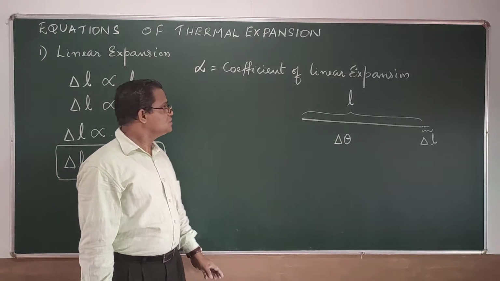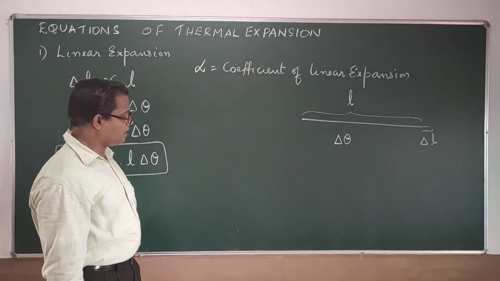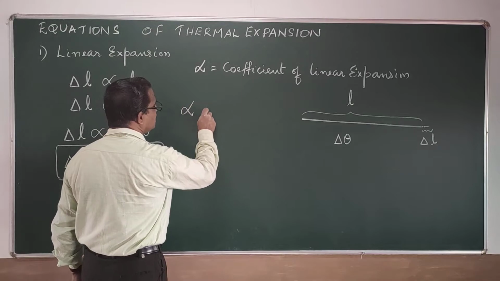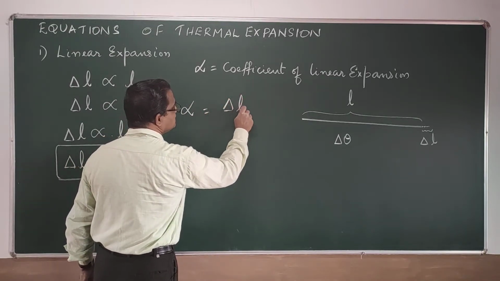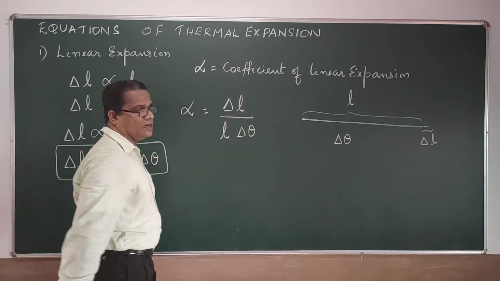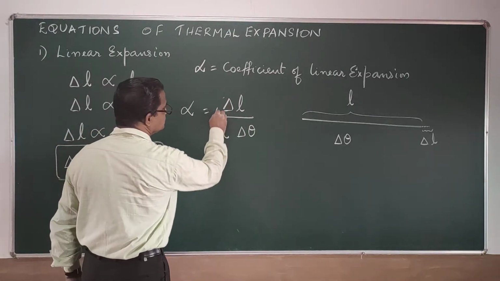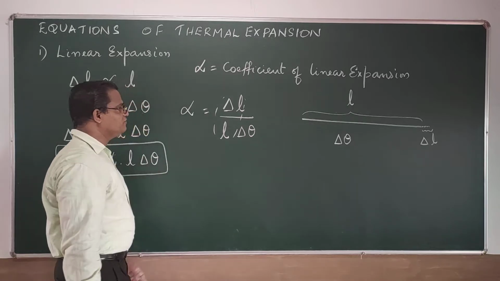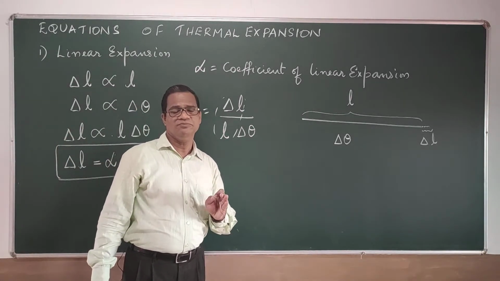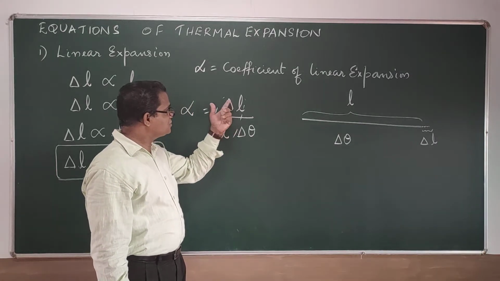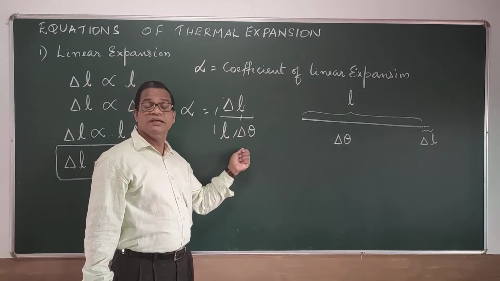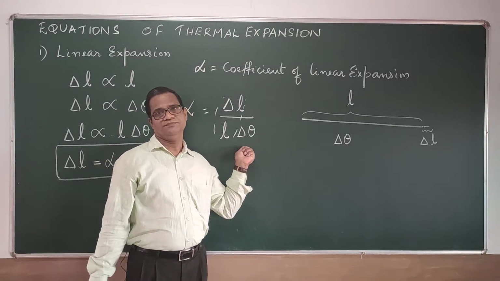Okay. So how to define this alpha? It's done from this particular equation that alpha is equal to delta L by L into delta theta. So using this particular equation, we can define alpha as the ratio of fractional increase in length to the increase in temperature.